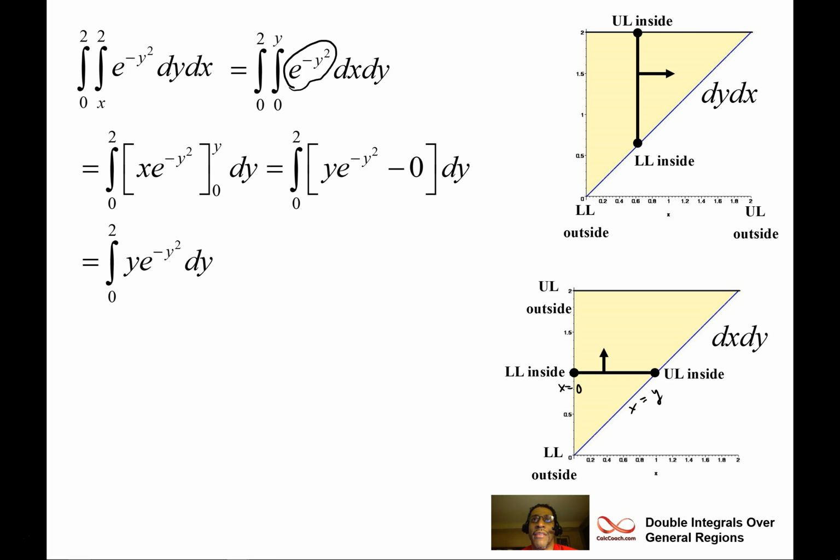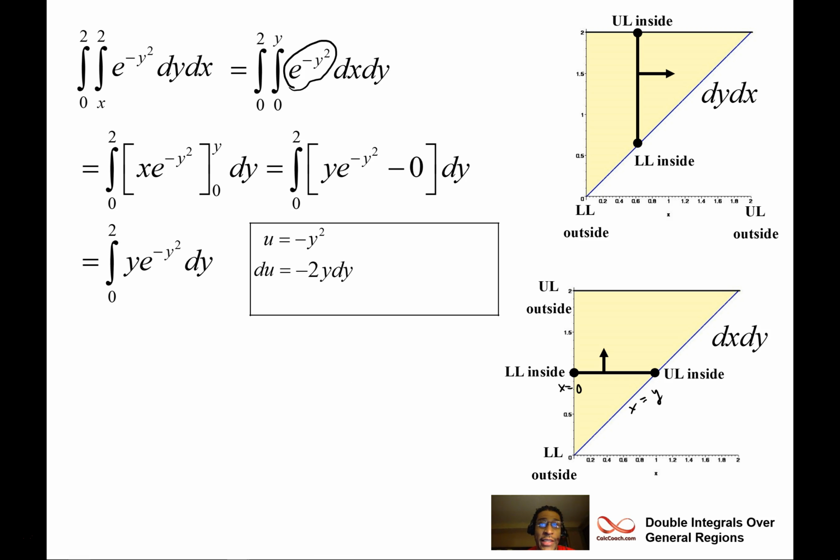The derivative of the exponent is almost exactly the outside part, the y dy. Not exactly. If we let u be equal to minus y squared, the exponent, the derivative of that is minus 2y dy. Our job is to replace y dy, and so we'll solve for it by dividing by 2. So we'll have minus 1/2 du will take the place of y dy.